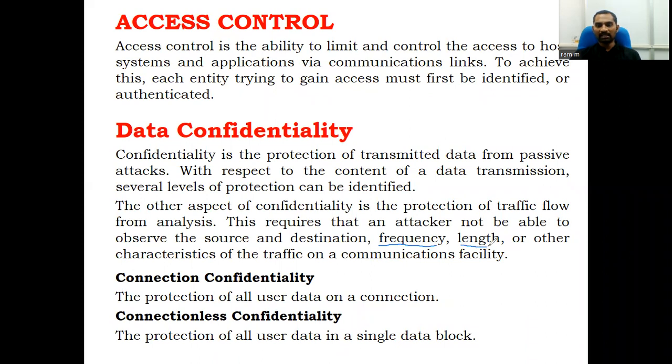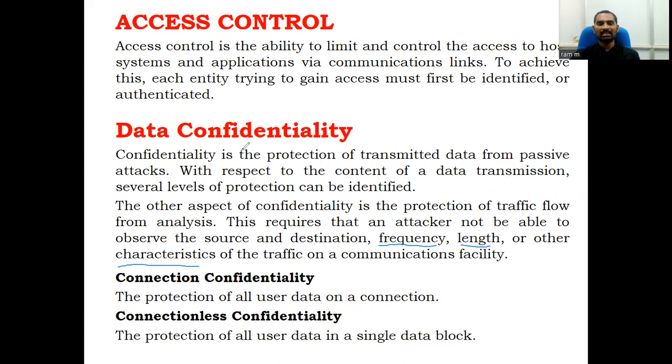They need to know the length of the message they are exchanging, or characteristics like how many times they are communicating, whether with short messages or long messages, or for how much time, whether for 2 minutes, 10 minutes, or 30 minutes. Like these characteristics of the traffic, they will know.